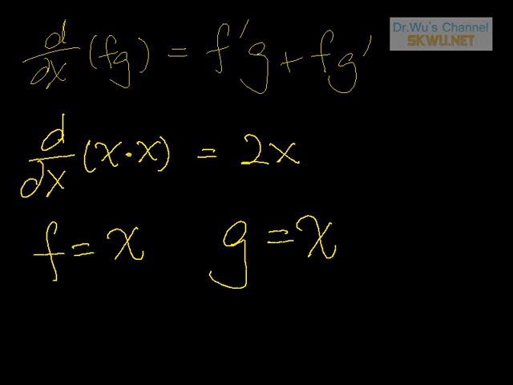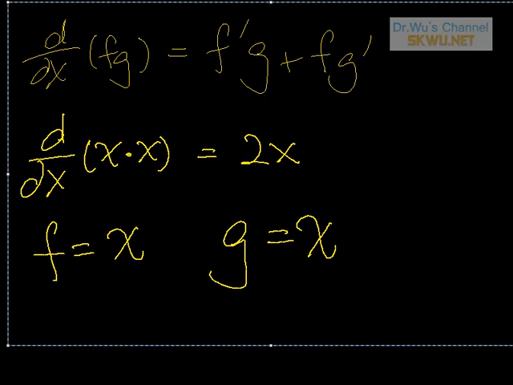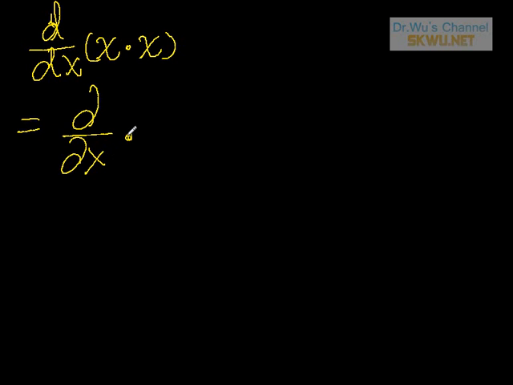Now, we do this. d/dx of x times x is equal to d/dx of x times x, plus x times d/dx of x, which is this in here. We first differentiate this part.